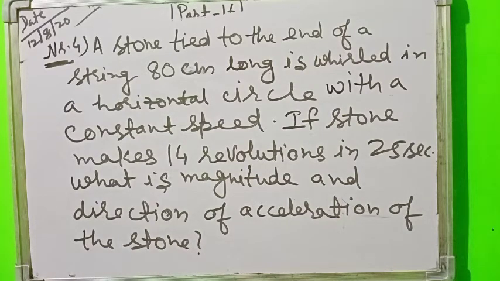So centripetal acceleration is equal to v square upon R, and here v is not given.